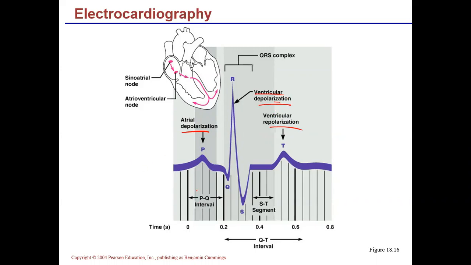So from the beginning of the P to the next Q, if you draw a line right around here where the R is, and where the P starts, this is called the PR interval.